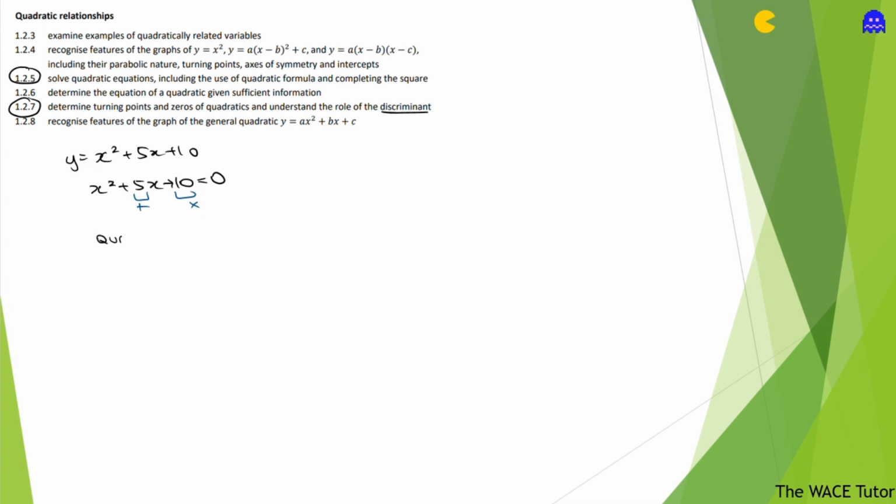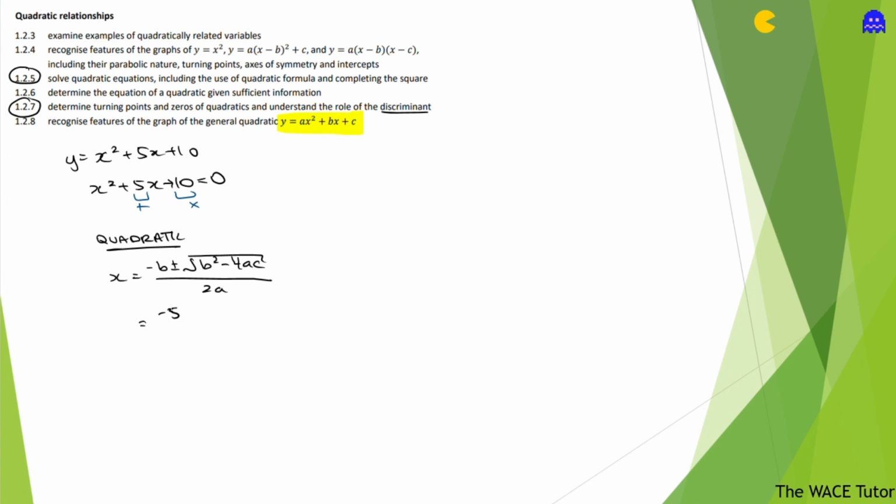Okay, so the next thing I want to do is move on to my quadratic formula. I have x equals minus b plus or minus root b squared take 4ac over 2a, where, remember, from our turning point form, we have y equals ax squared plus bx plus c.